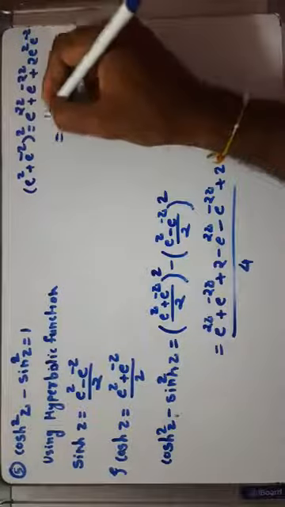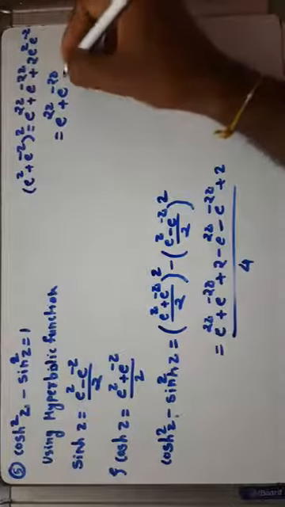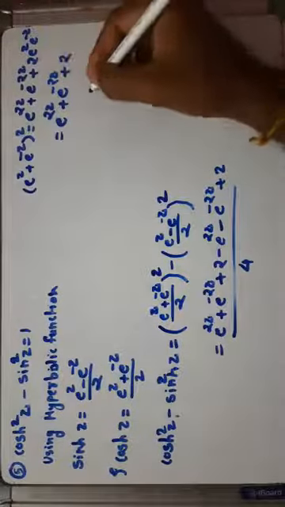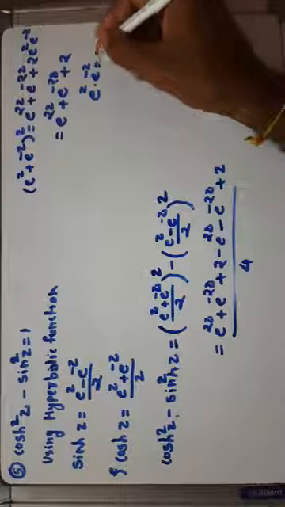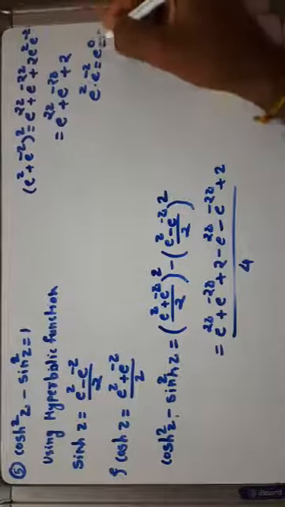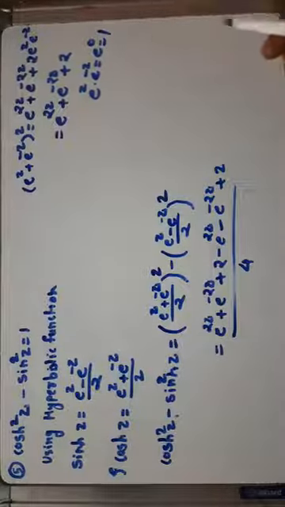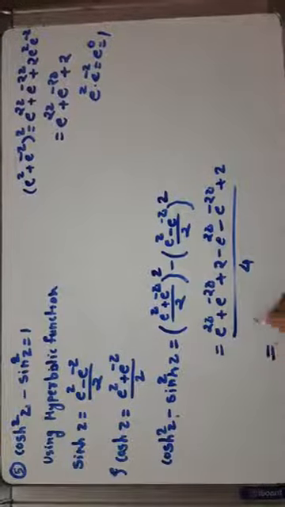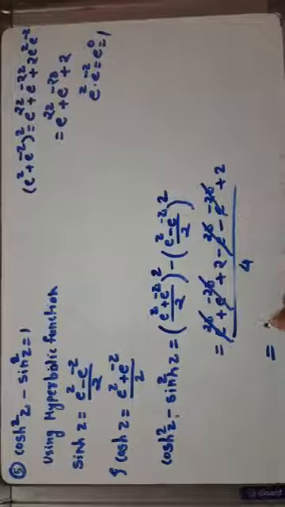That means e raised to twice z plus e raised to minus twice z plus that 2. Because here e raised to z into e raised to minus z is equal to e raised to 0 and is equal to 1. Here we use this. Then after that this gets cancelled, this gets cancelled, 2 twos are 4 divided by 4.